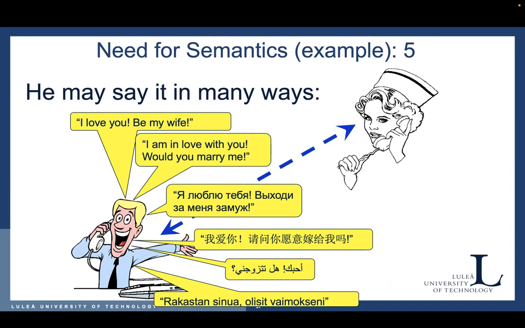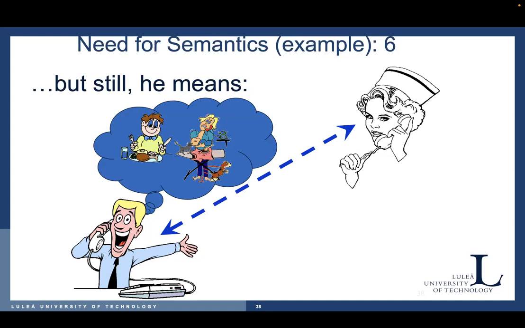The problem is that we can express the same meaning in various ways, which are still understandable syntactically, grammatically. So we can agree on the rules on how to communicate the message, still having the same meaning. And this only makes the problem more complicated.